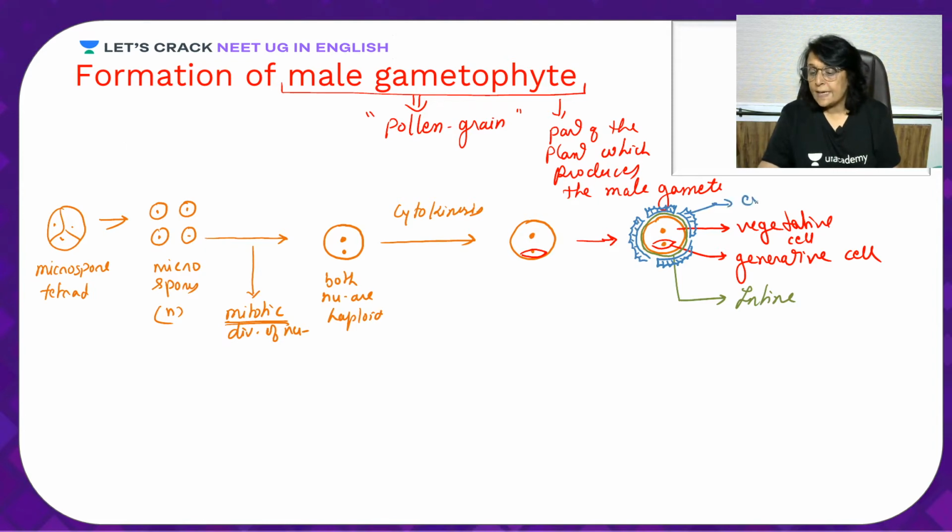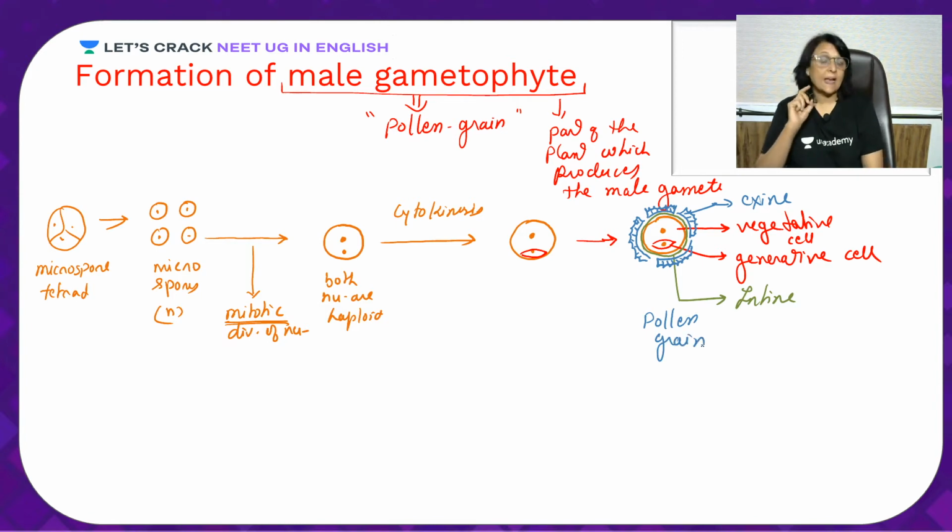This layer is exine, and the structure which is formed is actually the pollen grain, and inside the pollen grain will be the male gamete formation process. Okay, so this pollen grain which is formed is a two-celled stage. There are two cells, one vegetative cell and one generative cell.